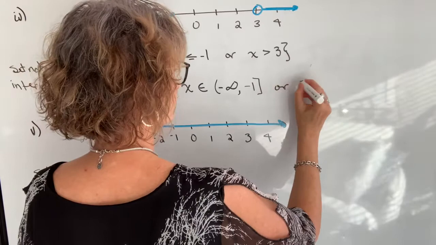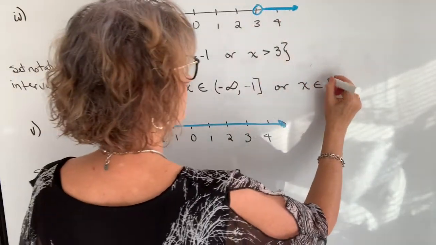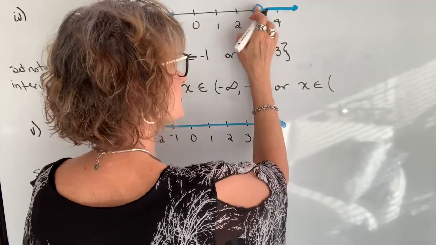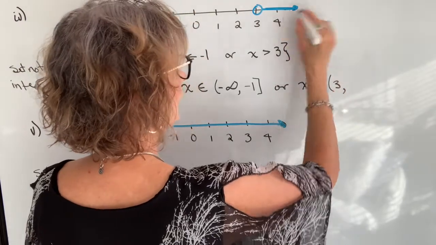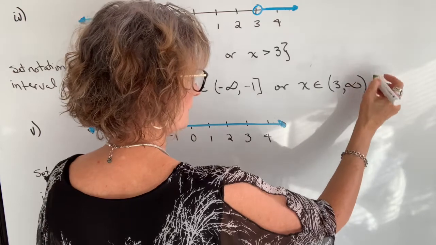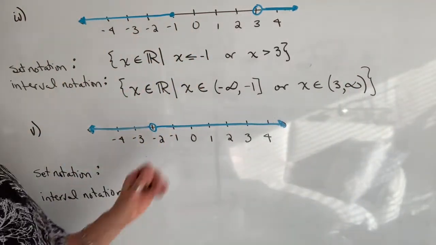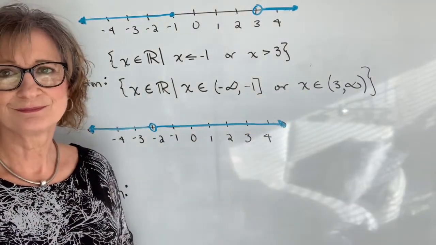Or x is an element of the second interval would be 3, but it's an open circle, so 3 is not included. And it goes to infinity. Infinity is not a set point, so it's going to be in parentheses as well. And so we've indicated our 2 intervals using interval notation.